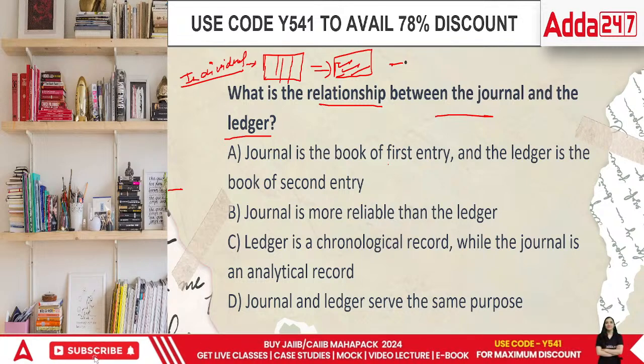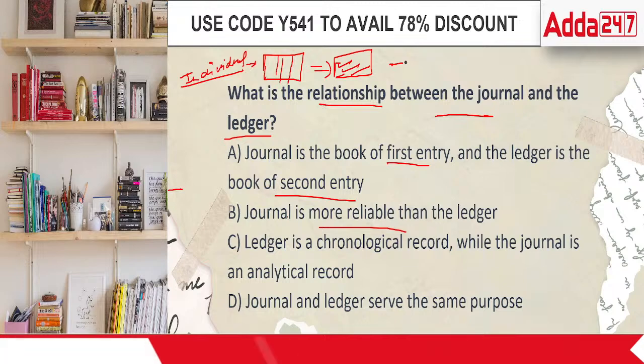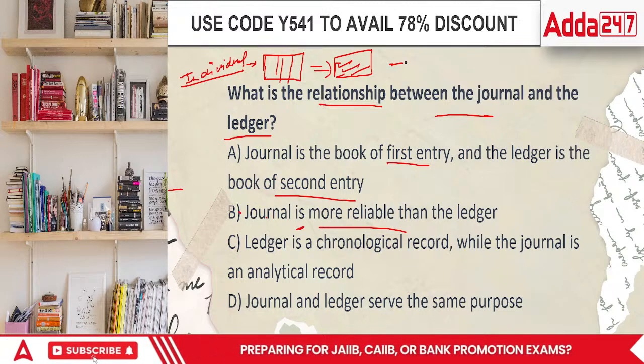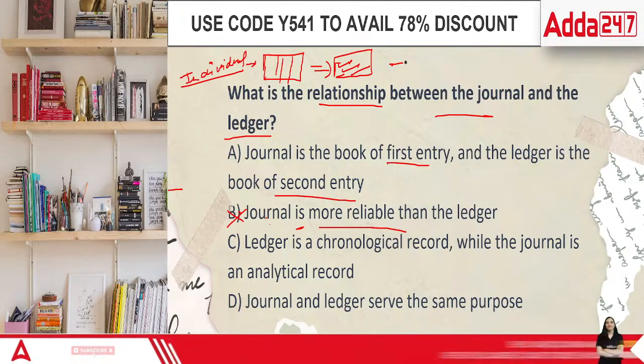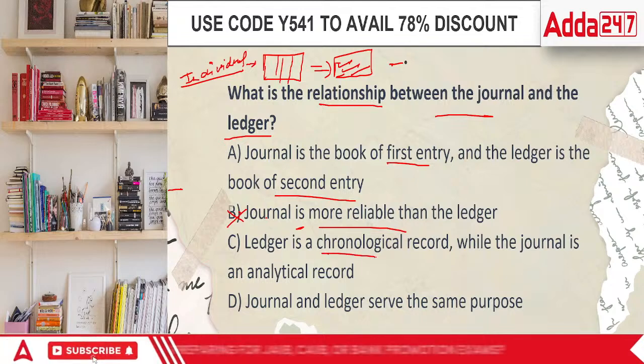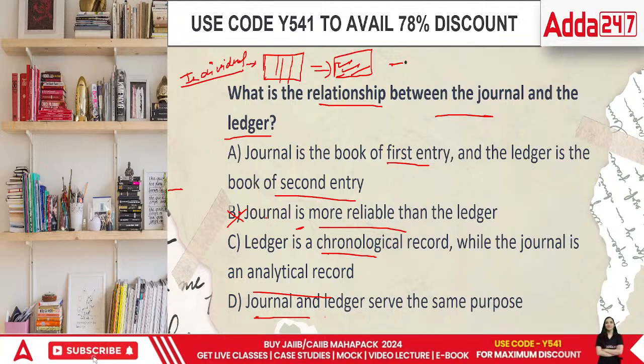Journal is a book of first entry and the ledger is the book of second entry. Journal is the book of more reliable? There is nothing called more reliable. Both are reliable when journal and ledger are prepared from one source. Journal becomes the main source and then ledger is prepared out of it. Ledger is in chronological record while the journal is in analytical record? Journal and ledger serve the same purpose?